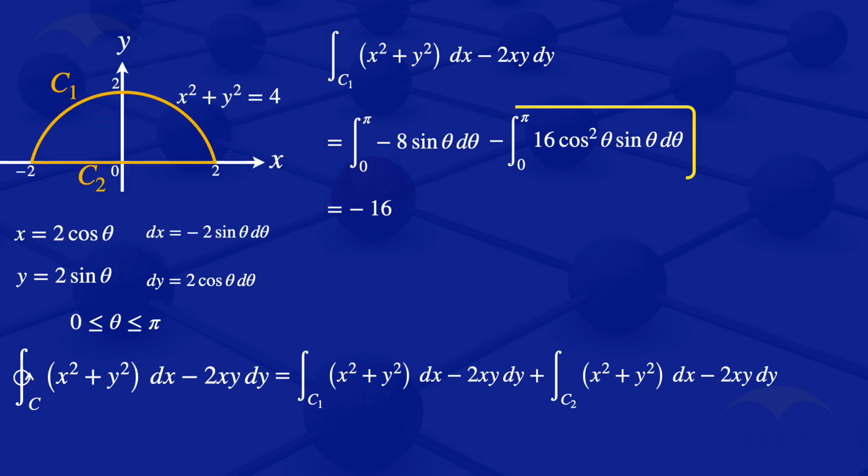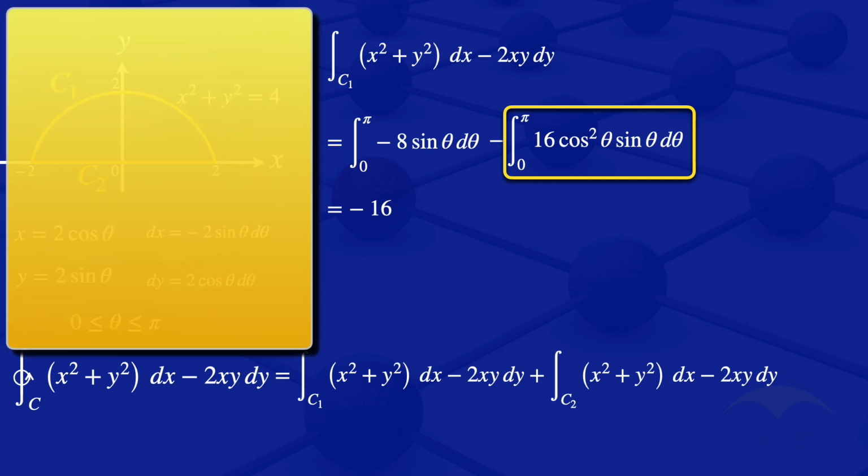Now looking at that part there, we are now going to evaluate the integral from 0 to pi of 16 cosine squared theta sine theta d theta. And we can factor out the constant, the 16, and we have 16 multiplied by the integral from 0 to pi of cosine squared theta sine theta d theta.